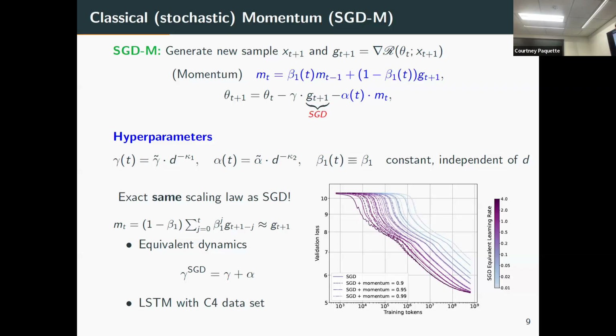Intuitively, not even on the random features model, we should expect momentum to do nothing. Why? If you look at M_t with beta constant and solve this expression, you get M_t as an exponential decay over the gradients of the path.